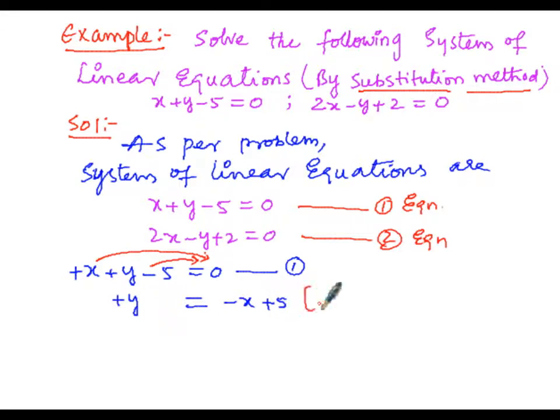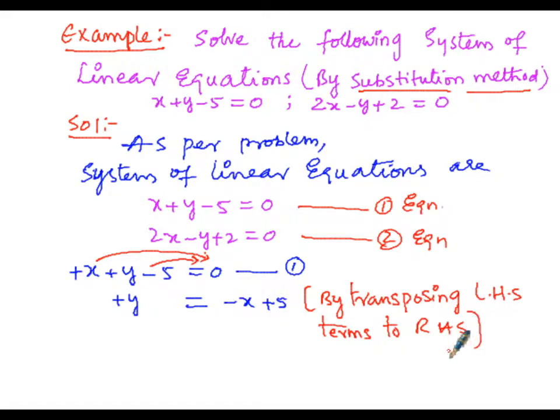So, by transposing the two LHS terms, plus x and minus 5, over to the RHS, plus x becomes minus x, and minus 5 becomes plus 5.